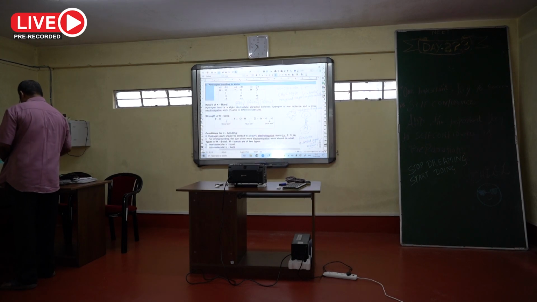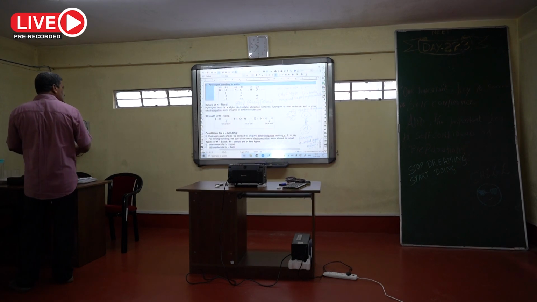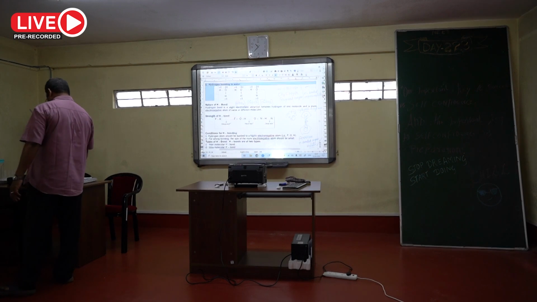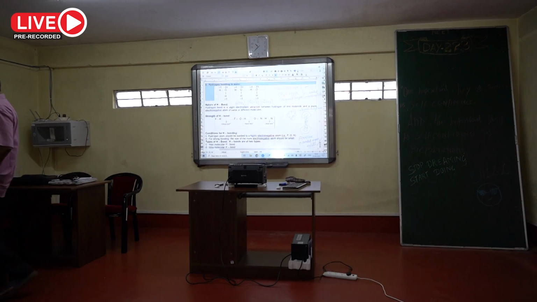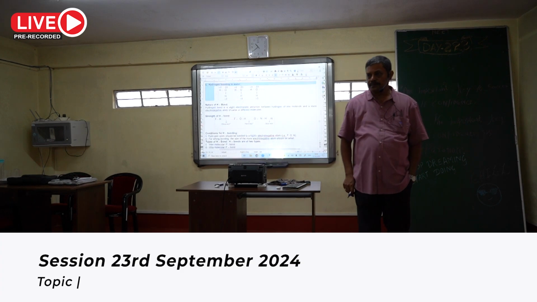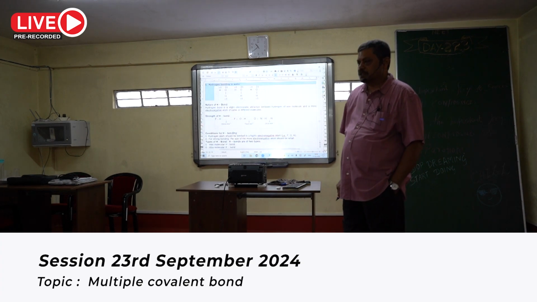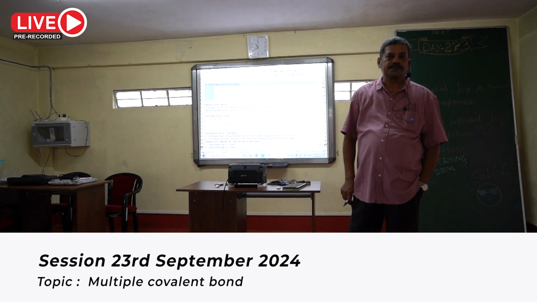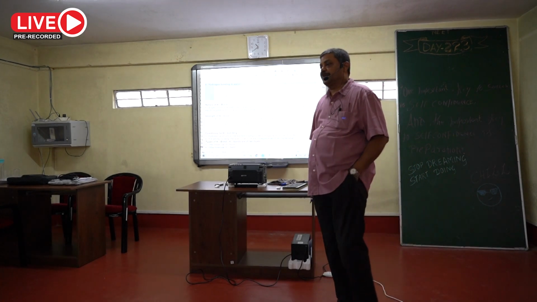Write the next point. Multiple bonds. So the coordinate covalent bond, or dative bond, is a special type of covalent bond.